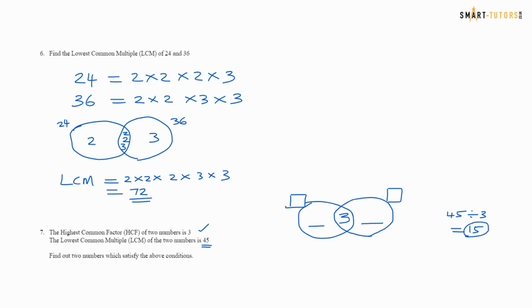These two numbers multiply to get 15. So I have only one choice, 3 and 5. So this number is 3 times 3 is 9, and 3 times 5 is 15. So the two numbers which satisfy the above condition are 9 and 15.